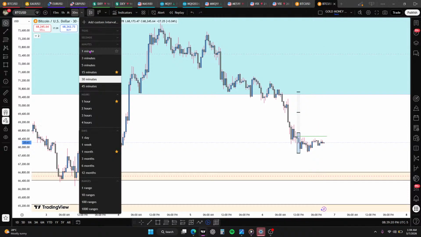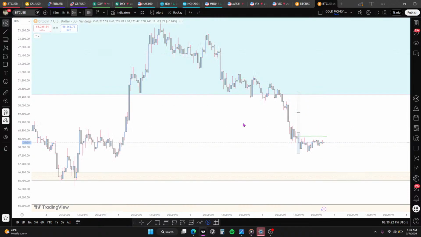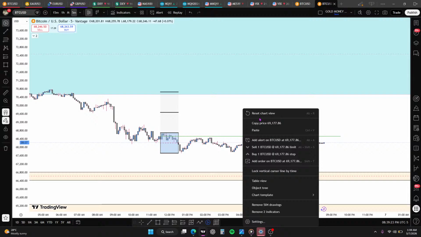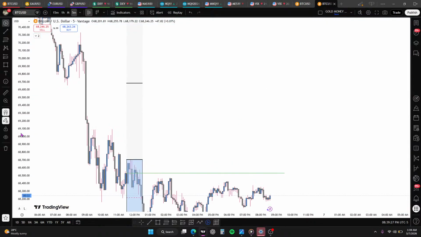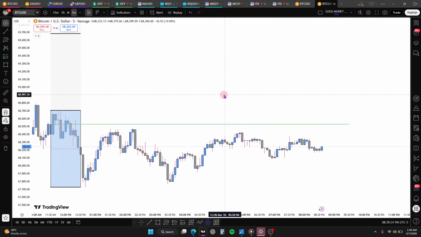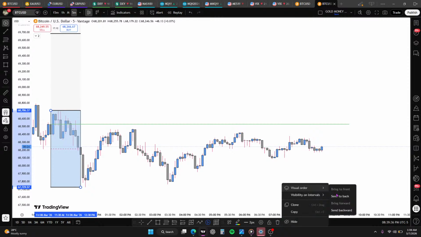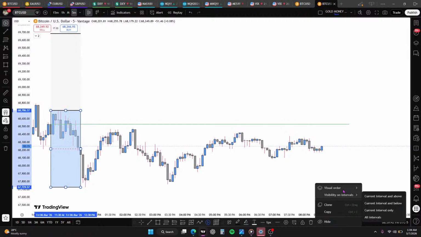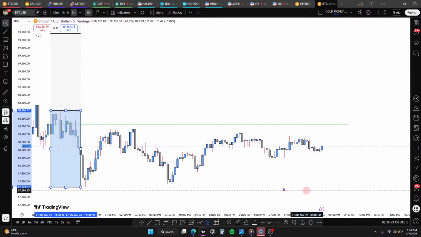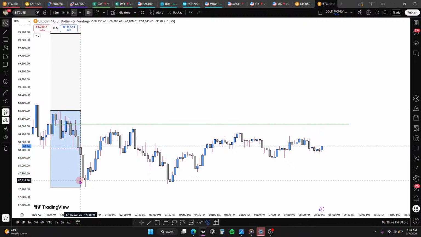So to the 5 minute, what I've noticed is obviously we failed to breach the low of this order block here so far anyways, and we failed to breach the low of this order block here as seen there.